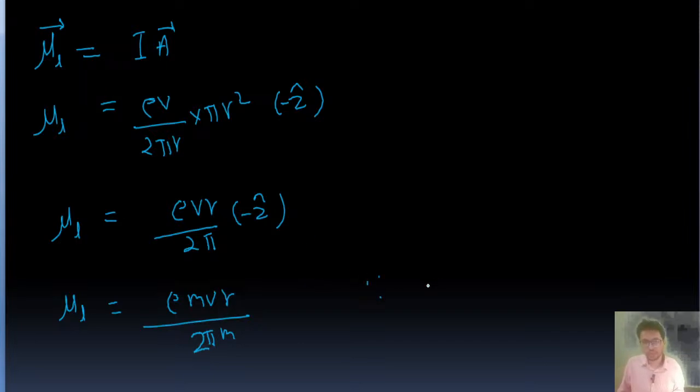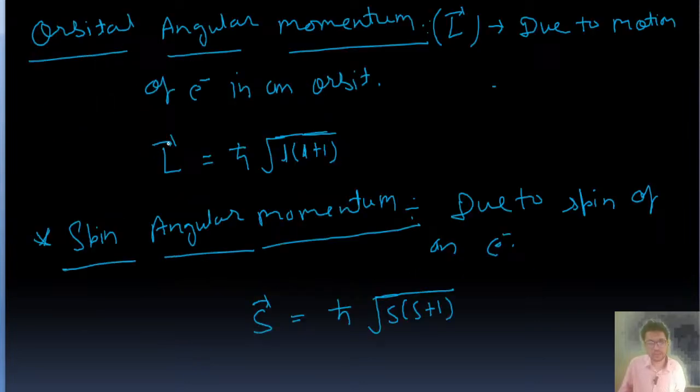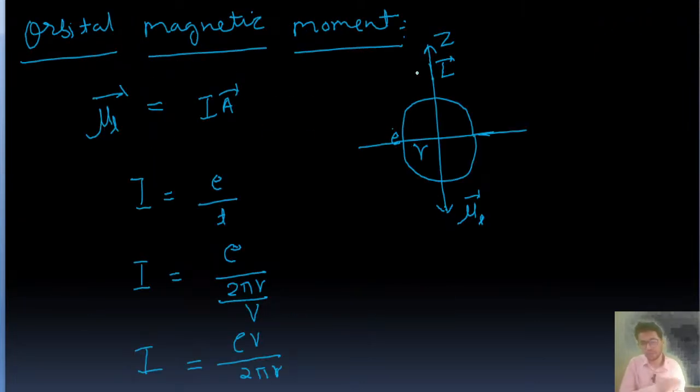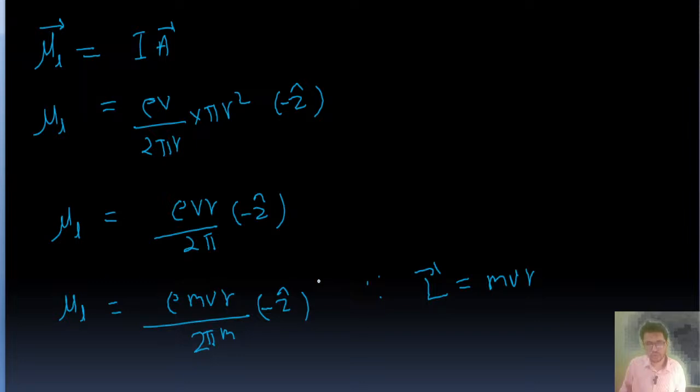And since we know the value of angular momentum is m v r, which is along the positive z direction, and this one is along the minus z axis, so the mu L value is going to be, minus can write directly.